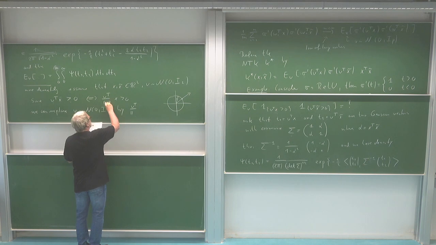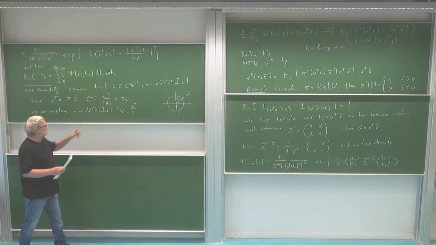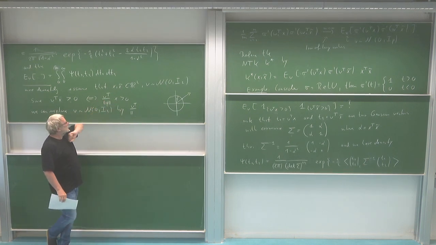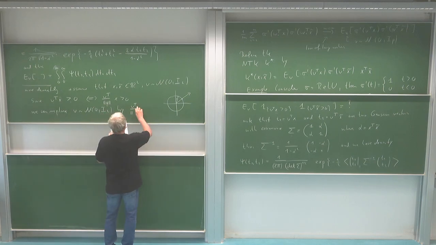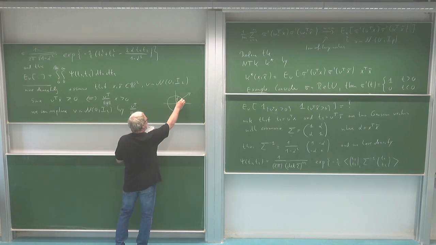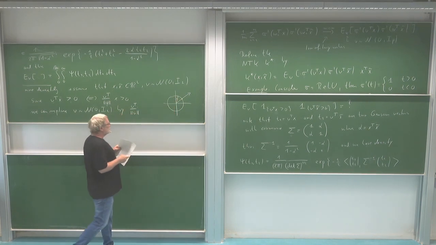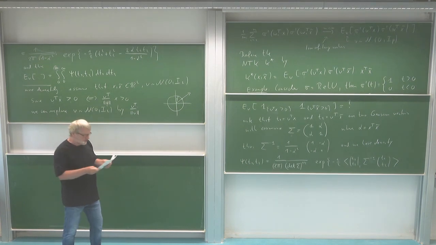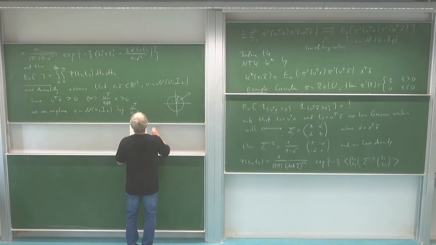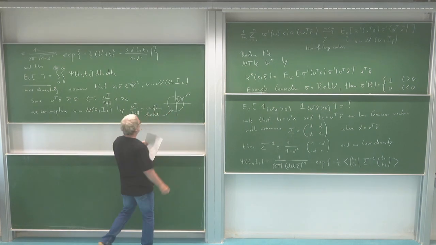I normalize the vector V. So this is now a vector of length 1, which lives on the unit circle, and its distribution is just the uniform distribution on the circle.